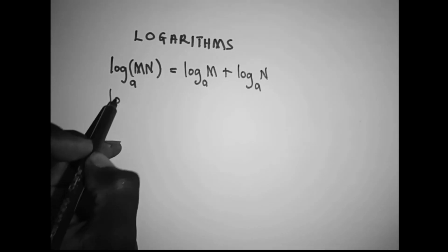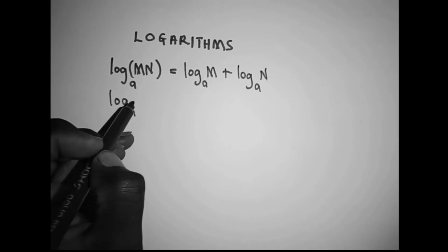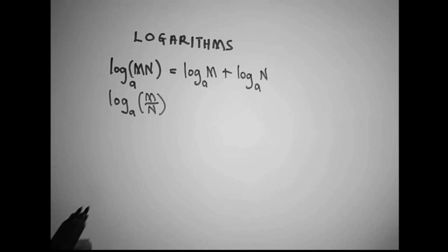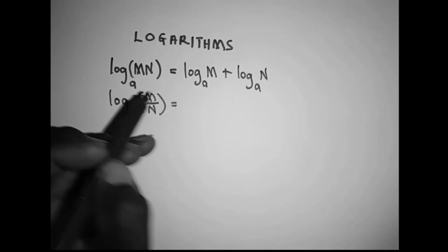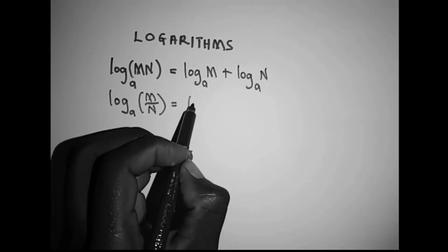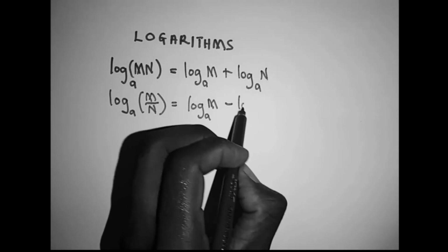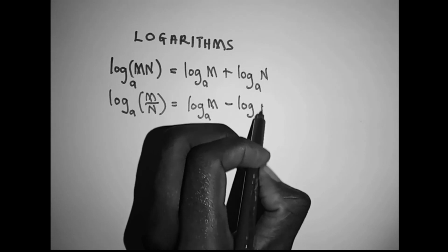What about log base a of m over n? The rule says that this is equal to log base a of m minus log base a of n.